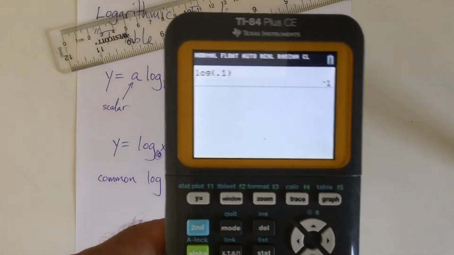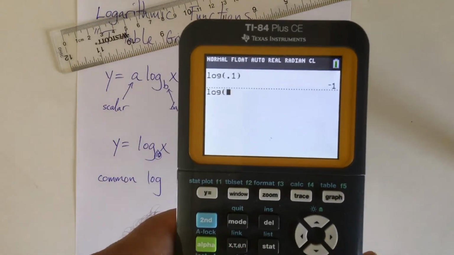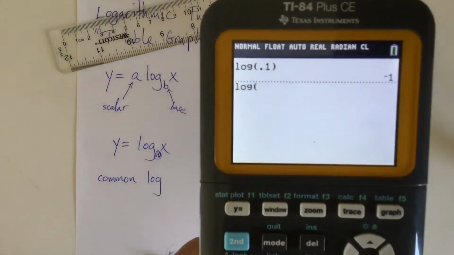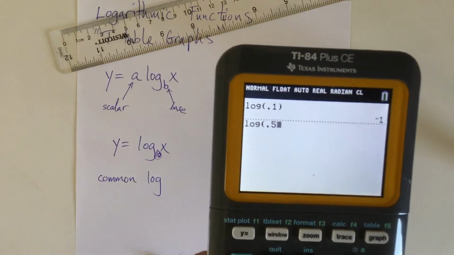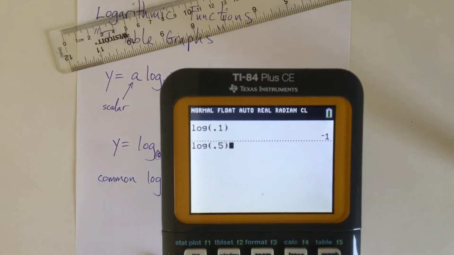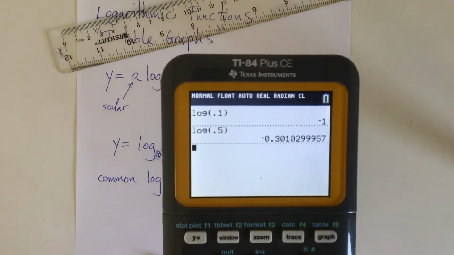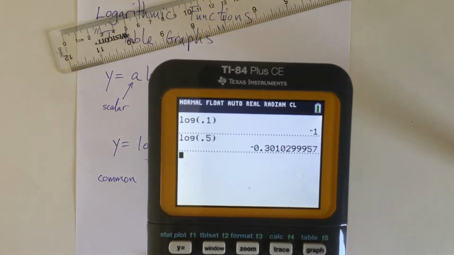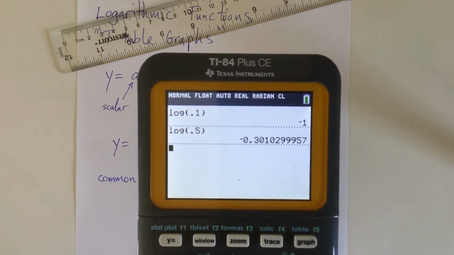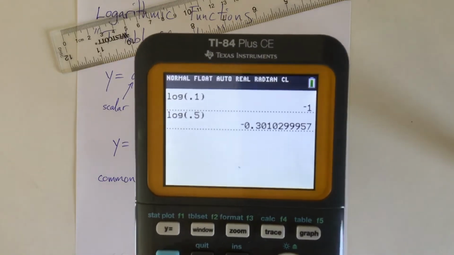How about log of 0.5? I hit the log button again, then 0.5, and I close my parentheses because it just bugs me when I don't. And I get this magically weird number, -0.30103.